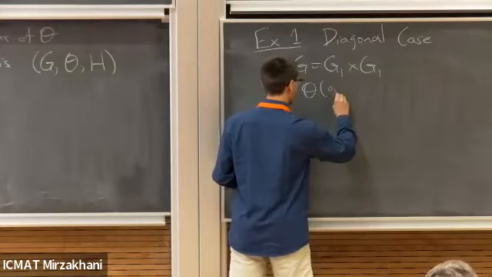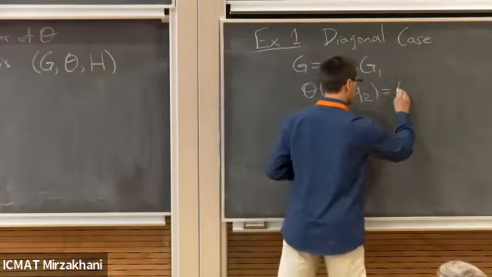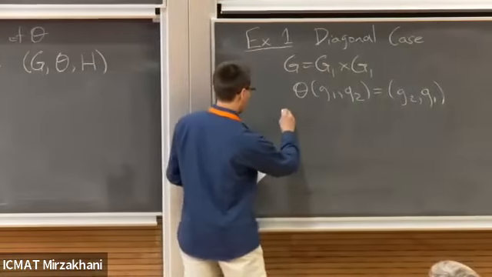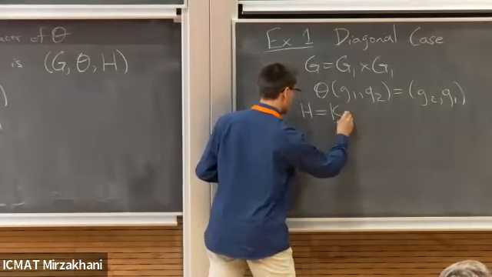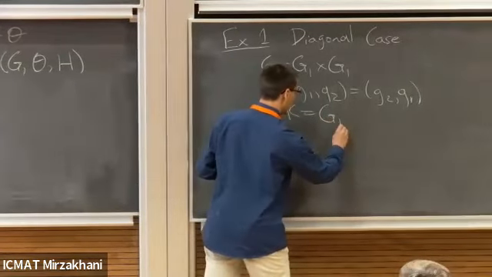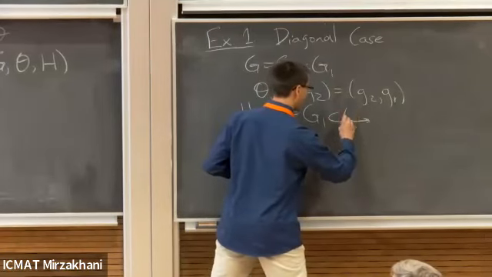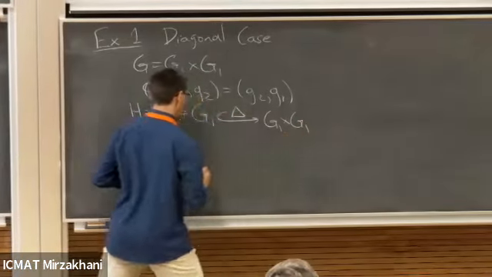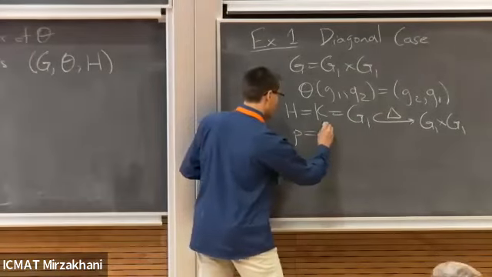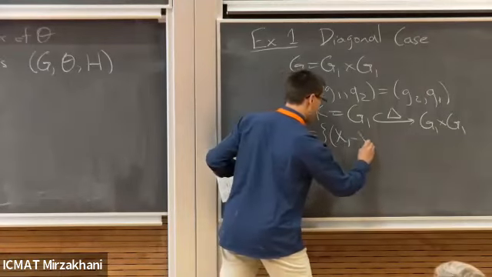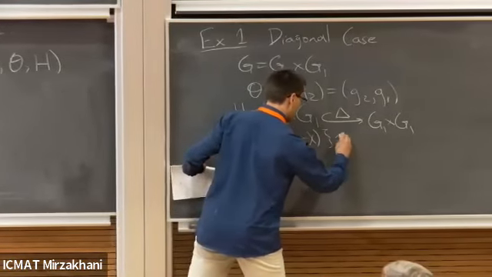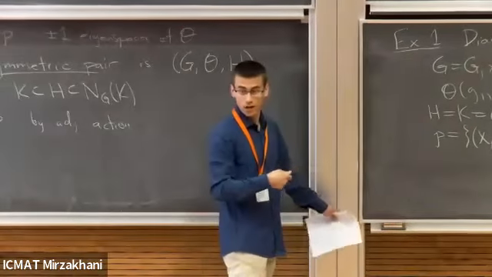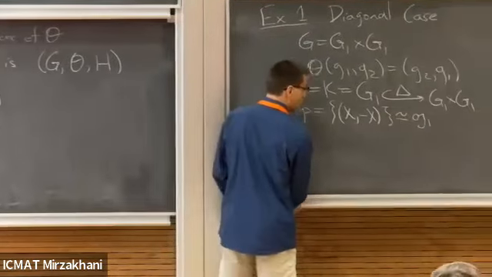My involution swaps factors. And then my H I will take to be K, which will be my G1 embedded inside of this product diagonally. And my frac P is this anti-diagonally embedded copy of frac G1. And the action of H on P in this case recovers the adjoint action.